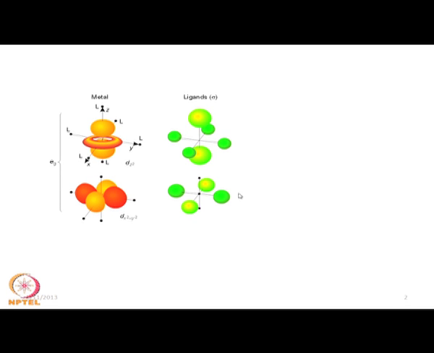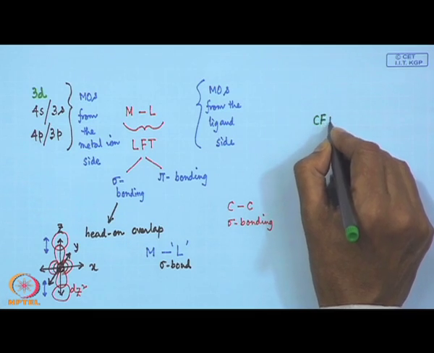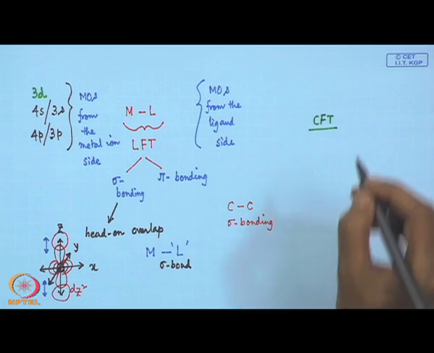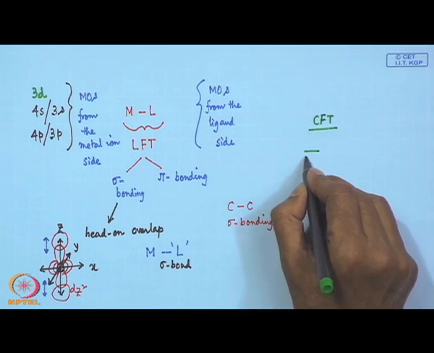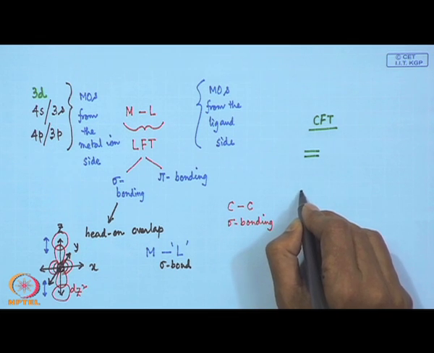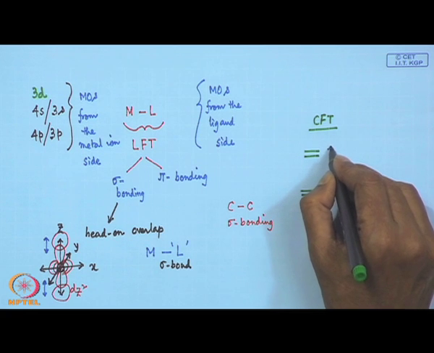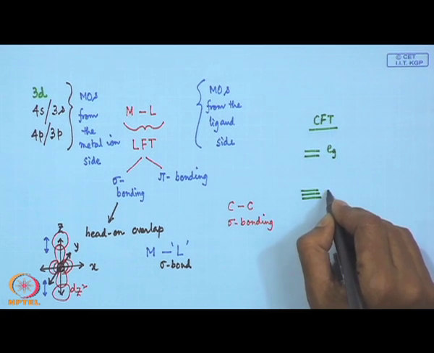Then the other group of orbitals is typically the availability of these two orbitals, which we have seen in crystal field theory, the dz square and dx square minus y square orbitals. In CFT, we have these two levels, the Eg and the T2g set of orbitals.